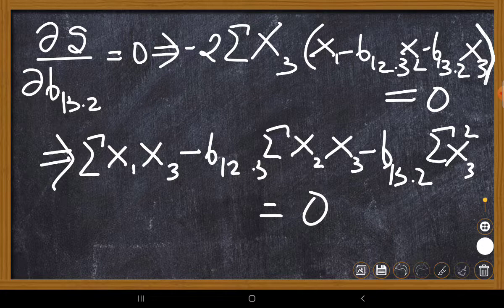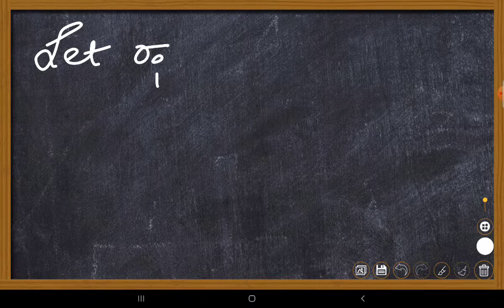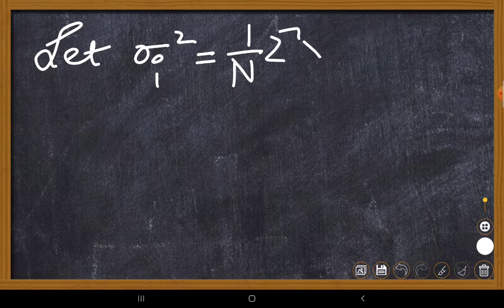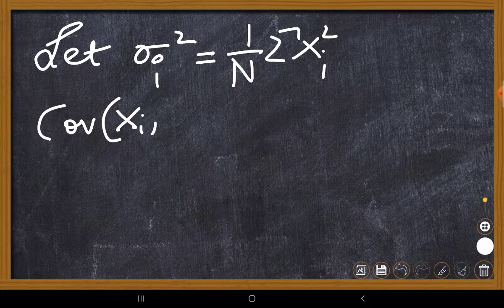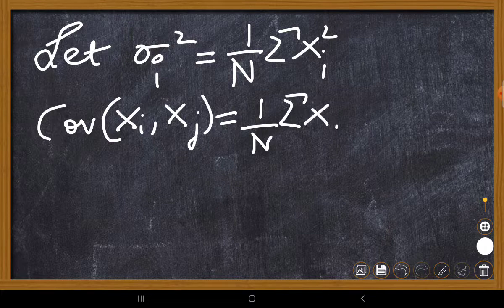So after this, you keep these two equations aside. Then let us define some terms. Let us define sigma i square to be equal to 1 by n summation xi square. Then define the covariance of xi xj to be equal to 1 by n summation xi xj.